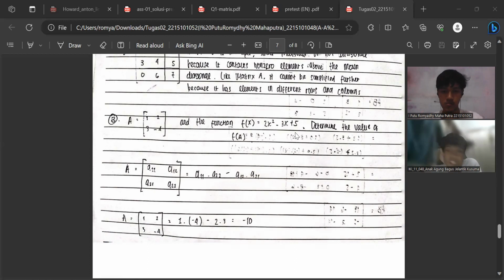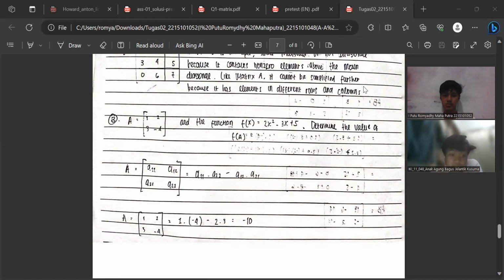After our discussion, I have a solution: we can cross multiply, or use the determinant. You can find it from the matrix like this: a11 times a22 minus a12 times a21.